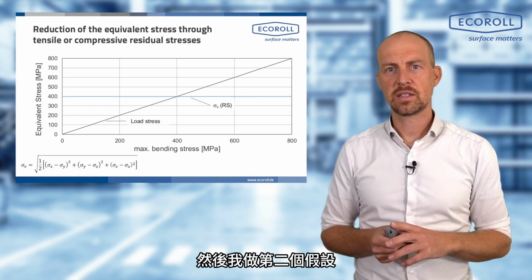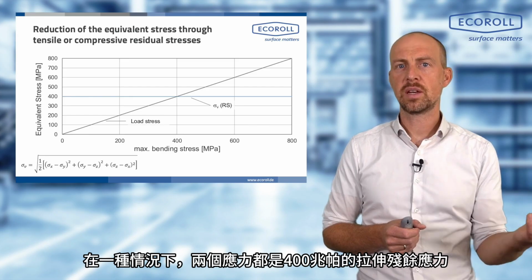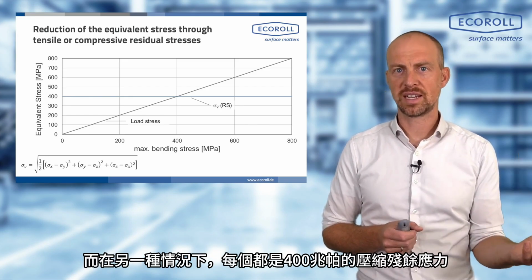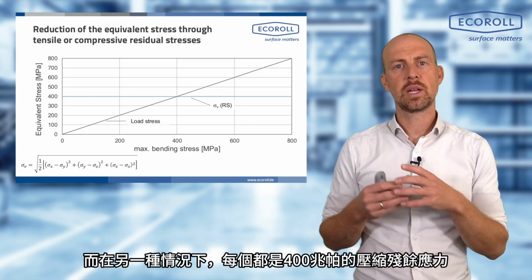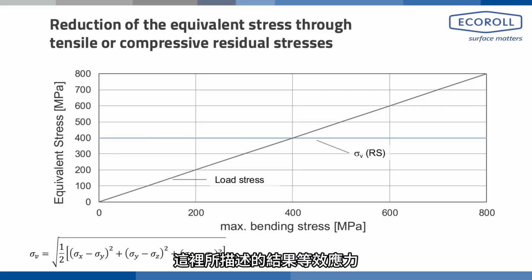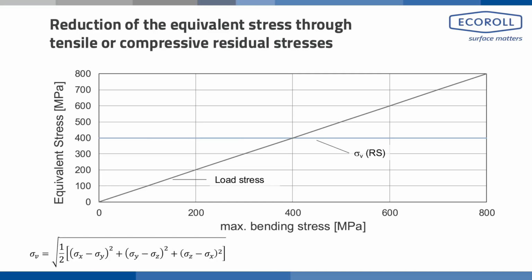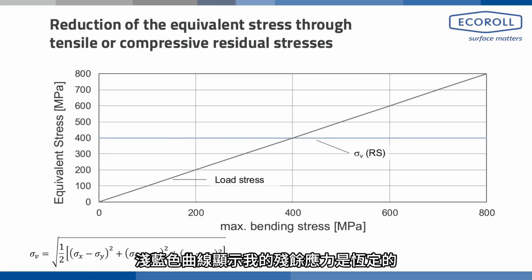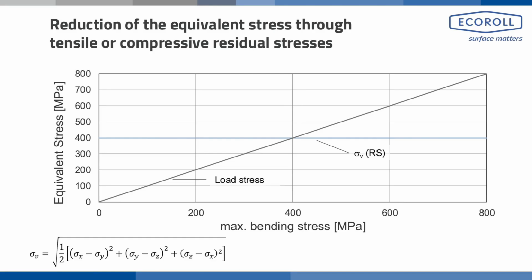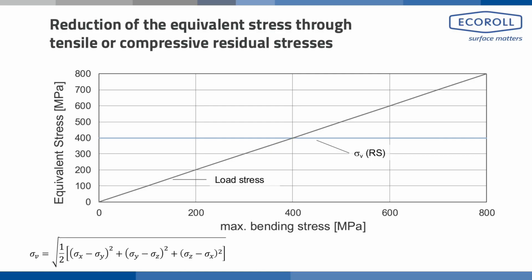And then I make the second assumption that, in one case, both stresses are 400 megapascals of tensile residual stress, and in the other case, each is 400 megapascals of compressive residual stress. The resulting equivalent stress without any additional bending stress is described here by the light blue curve. The light blue curve simply shows that my residual stresses are constant and that I always have 400 MPa in every component.